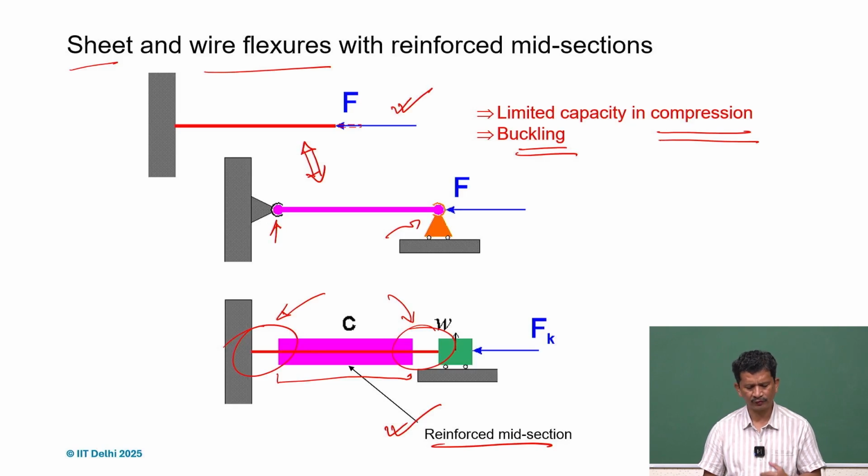Of course, we wanted to have compliance, but at the same time, we also wanted to have the stiffness and the load bearing capacity. How things improve or degrade, I think we need to learn that.